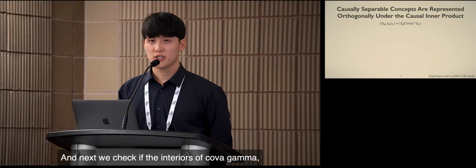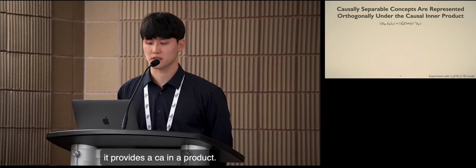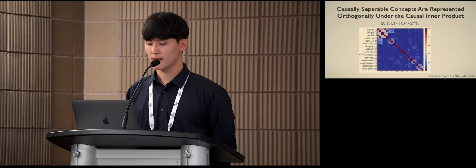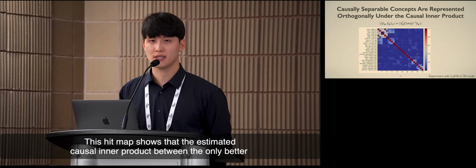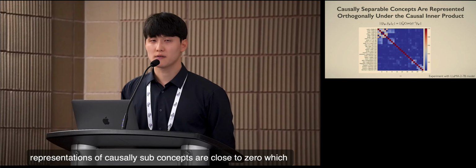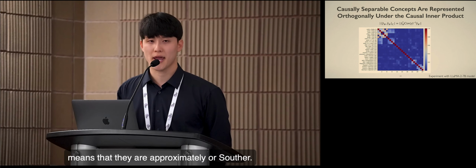And next, we check if the invariance of covariance of gamma provides a causal inner product. This heat map shows that the estimated causal inner products between the unembedded representations of causally separable concepts are close to zero, which means that they are approximately orthogonal.